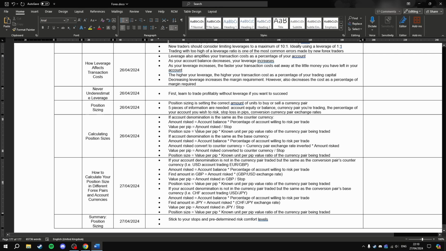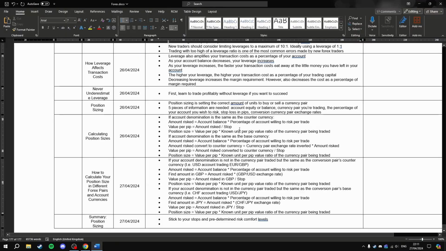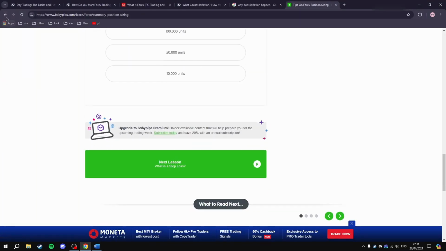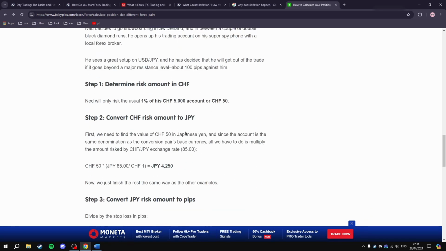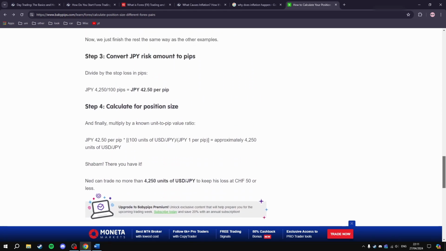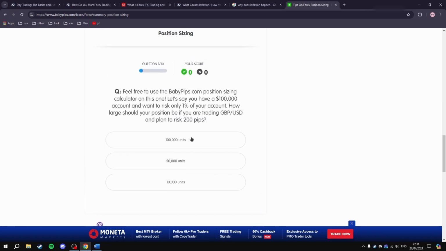And the position size is 5 times, what's the unknown, 5 times no. of units per pip. Oh, there's actually a formula for this, isn't there? Hold up, let me just write down what the formula is. Units of USD JPY, 10k units.